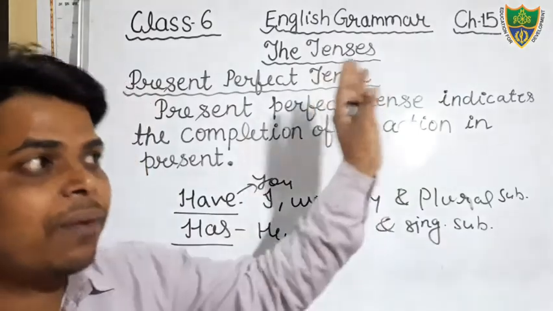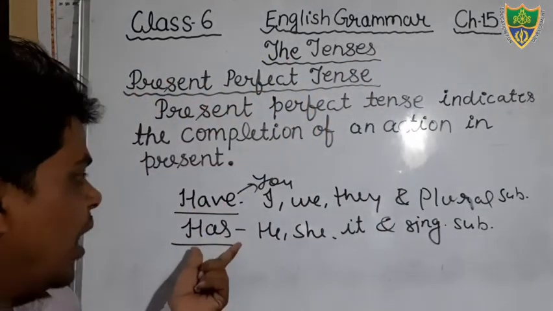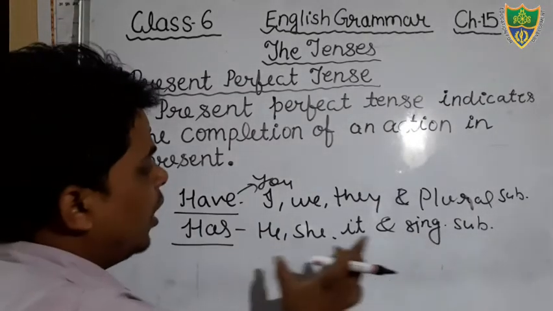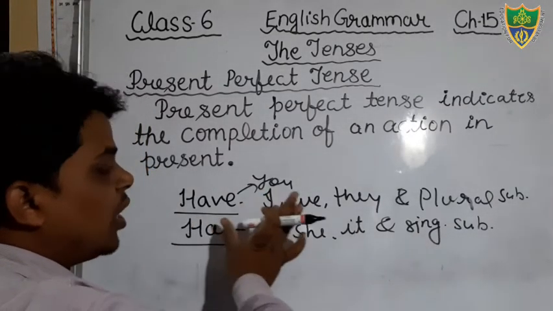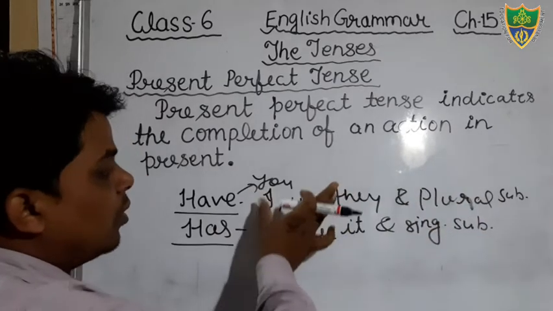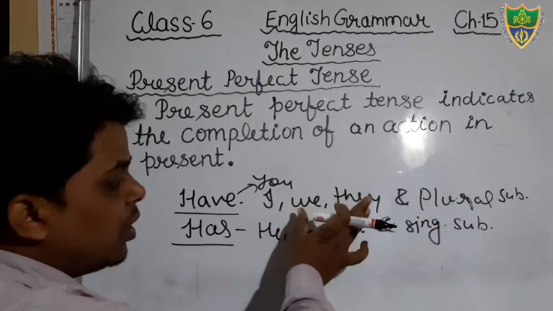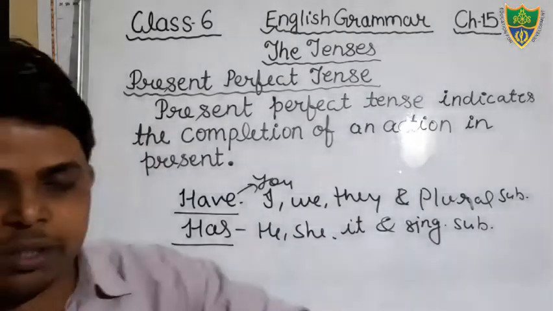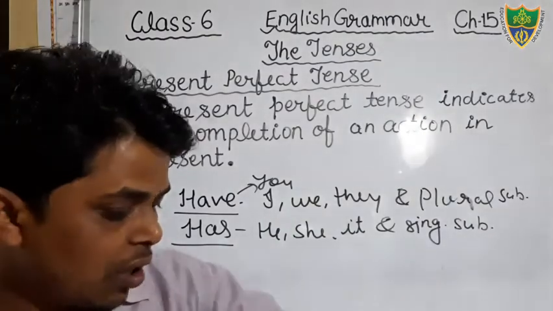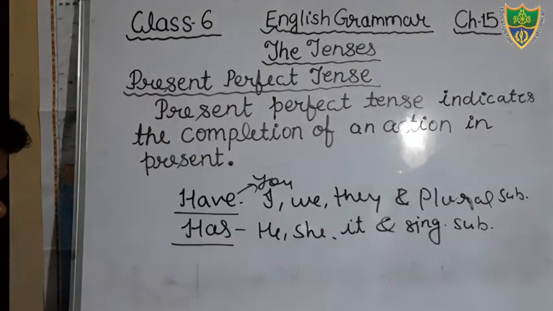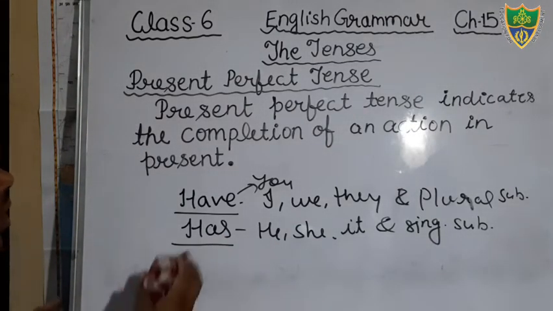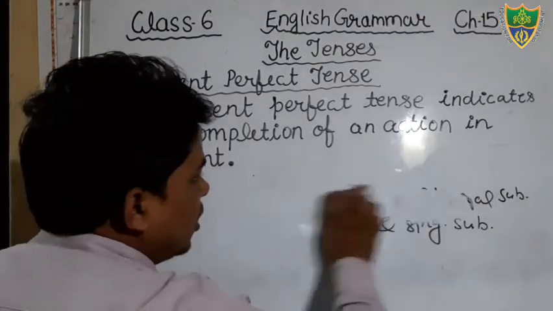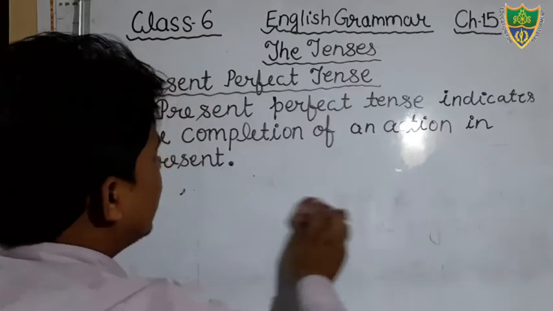But in present perfect tense we use the helping verbs has and have. We use has with the singular subject and he, she, it, and we use have with the plural subject and you, we, they, and I. Okay students, keep in your mind all these things. There are two helping verbs, has and have, used in the formation of this tense.